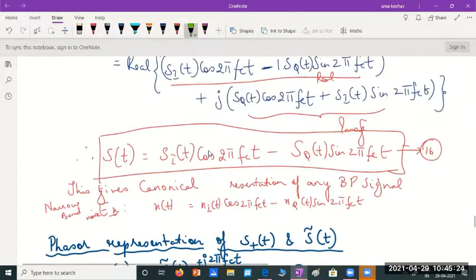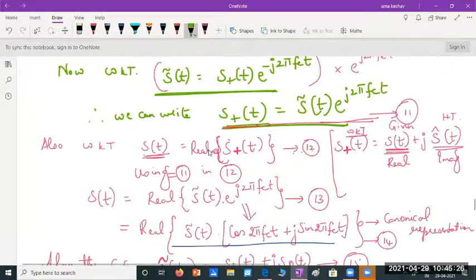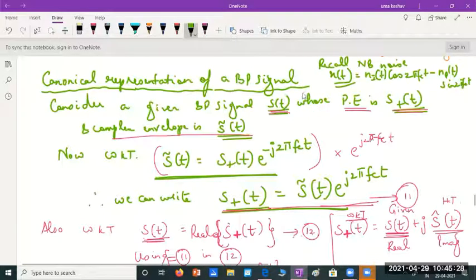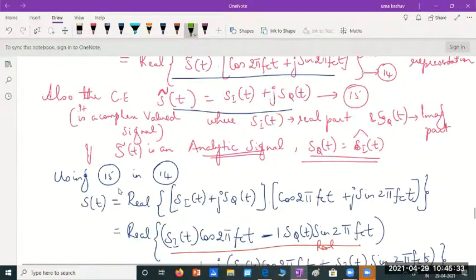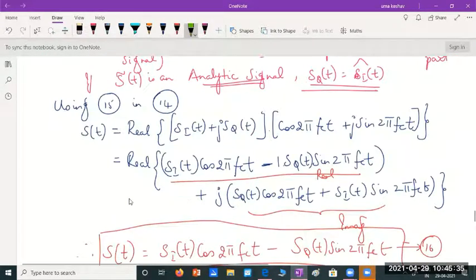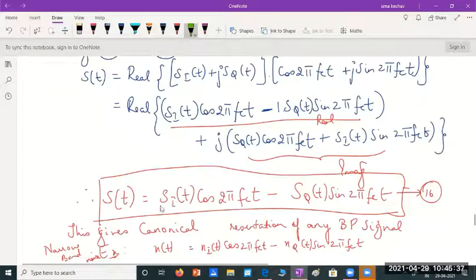So all we have discussed today is to write the canonical representation of a bandpass signal. Any bandpass signal we showed could be written in terms of in-phase component into cos 2 pi fct minus quadrature phase component into sin 2 pi fct.